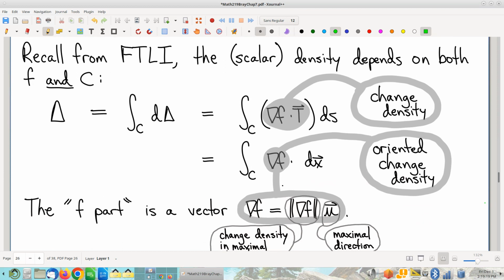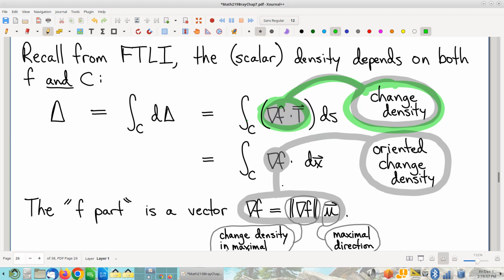You may notice that in the list of accumulation theorems, where I was expressing that we've never seen this before, I left off the fundamental theorem of line integrals, because with the fundamental theorem of line integrals, we did see exactly this. The density in the fundamental theorem of line integrals, keeping in mind the fundamental theorem is about change as our accumulating quantity, the change density is something that depends on f, and then dotted with our orientation.